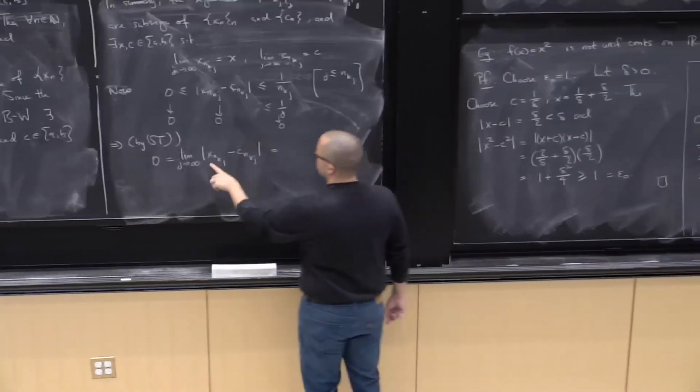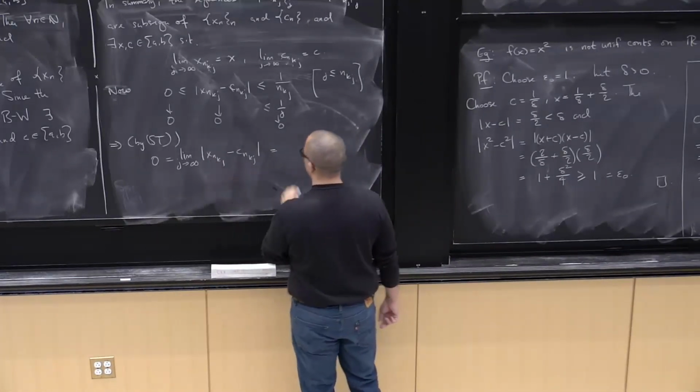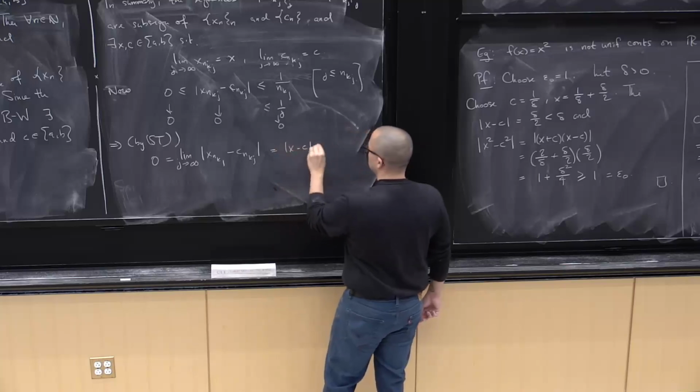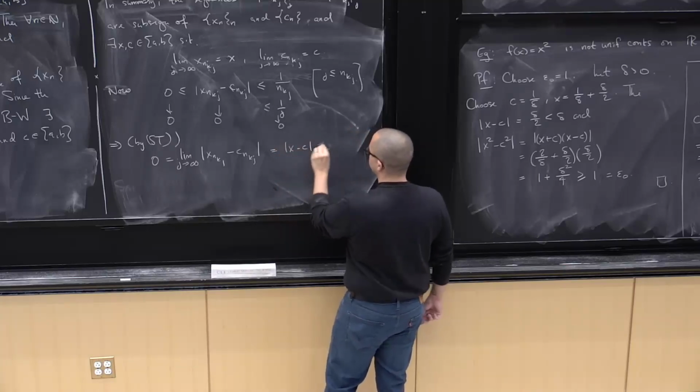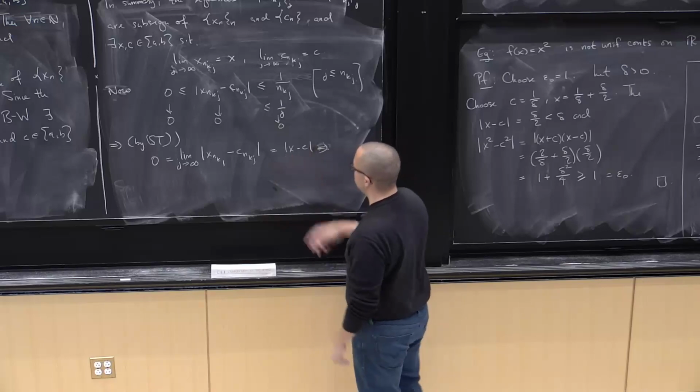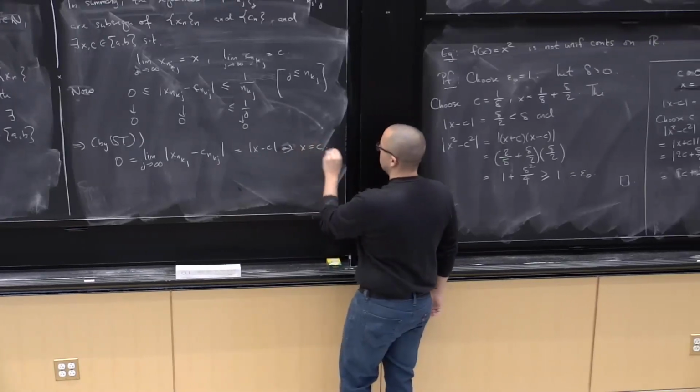But these two things, this converges to x, this converges to c. And so the absolute value of x minus c equals 0, and therefore x equals c.